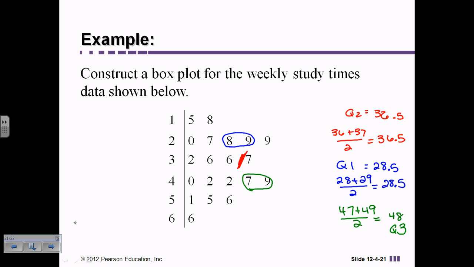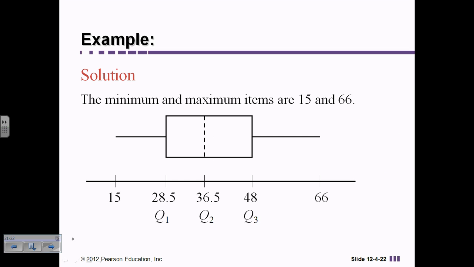Now we're going to take that data and put it into a picture, and this is what we have. We always have basically a number line at the bottom. Quartile 1 was 28.5. Quartile 2 is this dotted line, and it's 36.5. Quartile 3 is 48. The ends represent the lowest value and the upper value in the range.